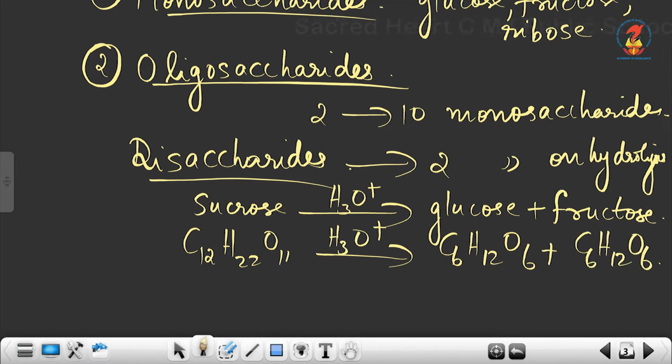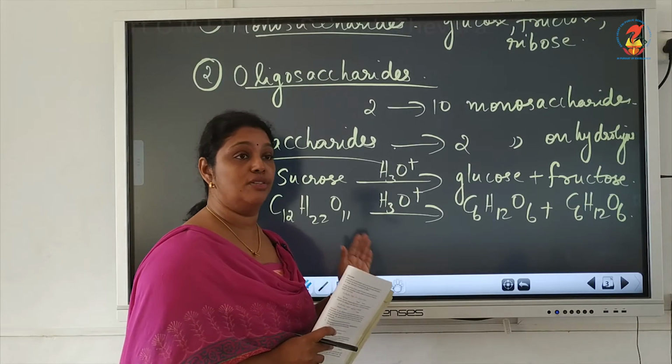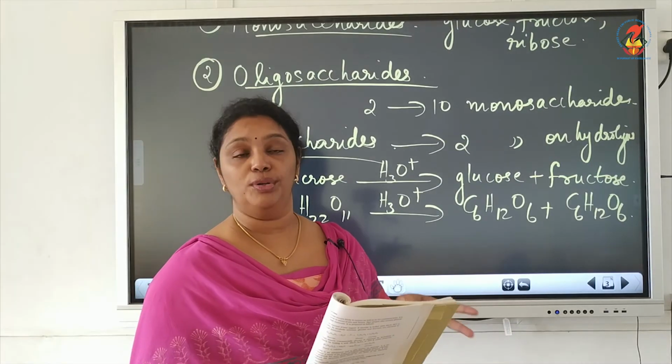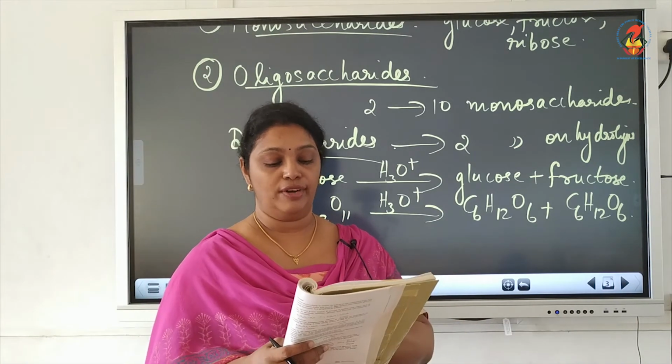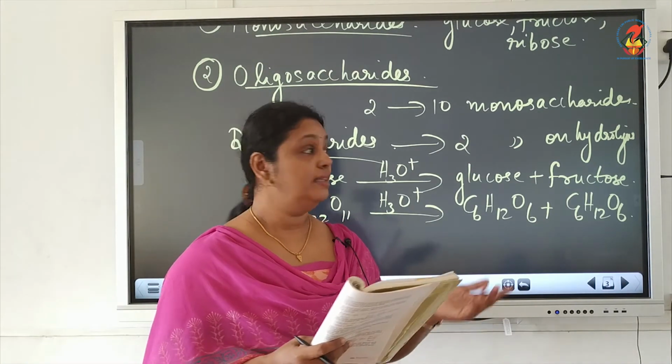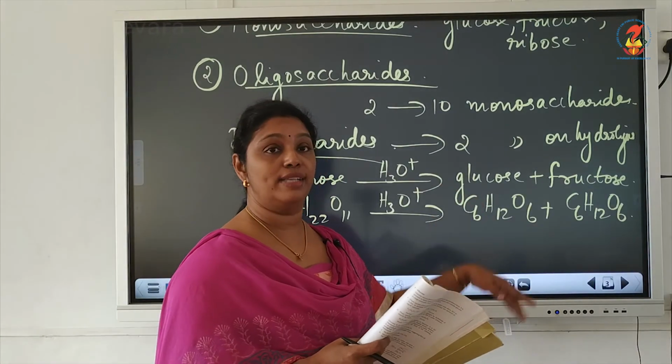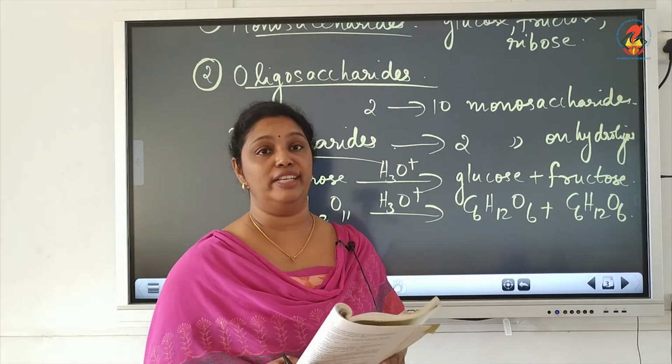So, in this case, we can say the sucrose is a disaccharide, whereas glucose and fructose are monosaccharides, because on hydrolysis we got 2 monosaccharides, that is glucose and fructose. Okay. Now, here we have both the monosaccharides different. One is glucose and one is fructose.